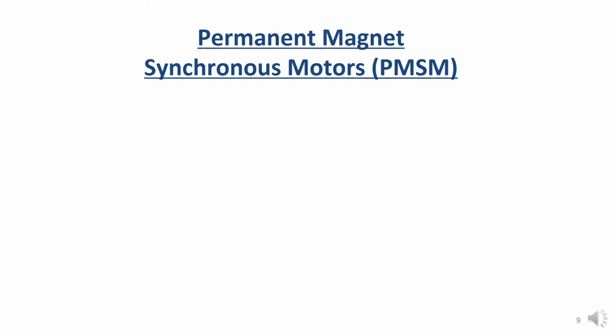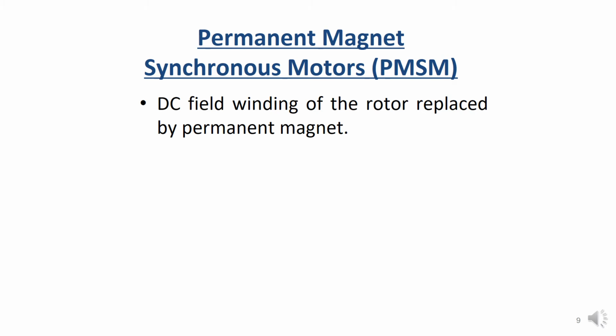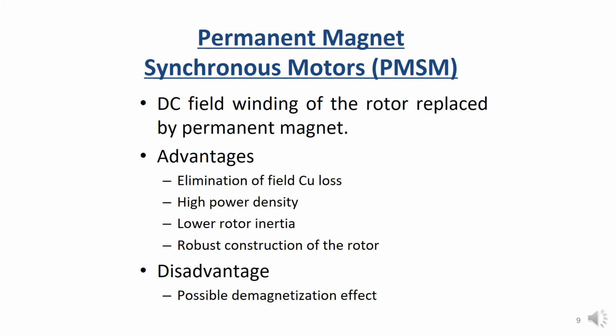The commonly used type of synchronous motor is the permanent magnet synchronous motor, that is PMSM. In the wound field type synchronous motor, we have a DC field winding on the rotor. But in the case of the PMSM, we have permanent magnets on the rotor. We have advantages and disadvantages here, which are shown over here.